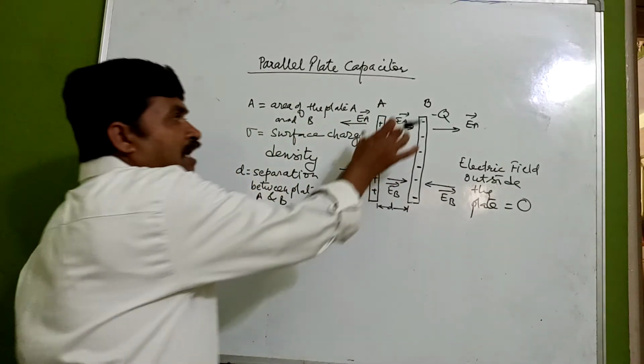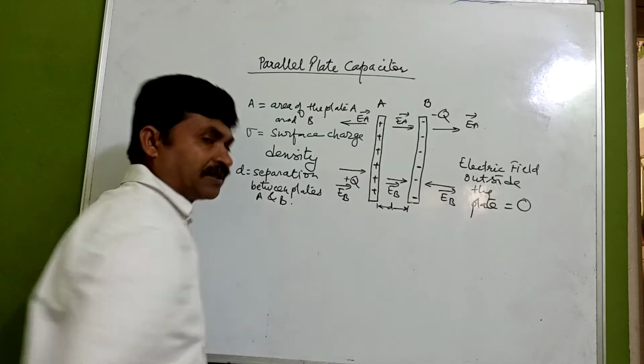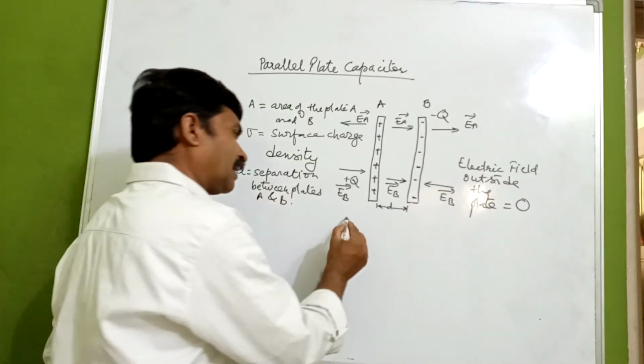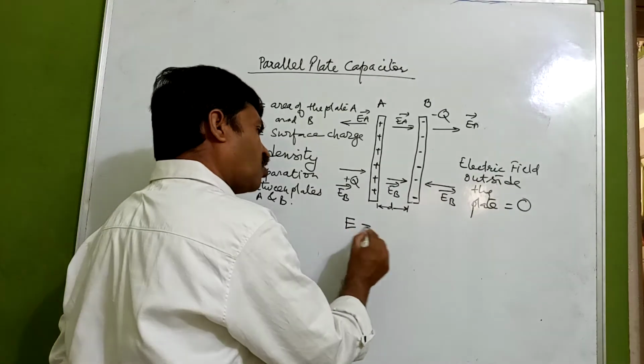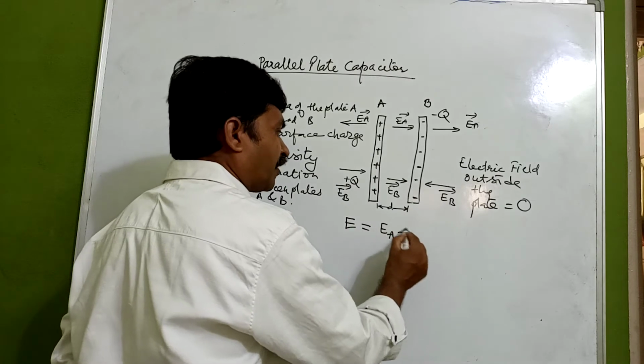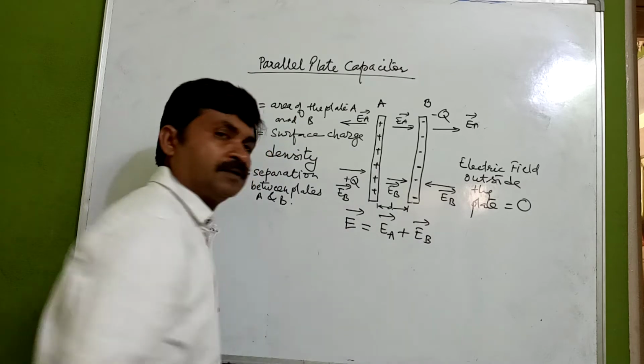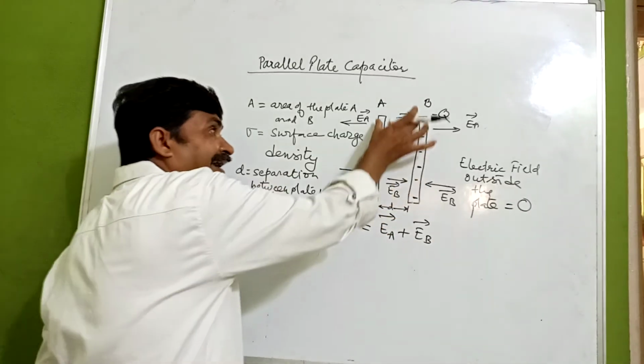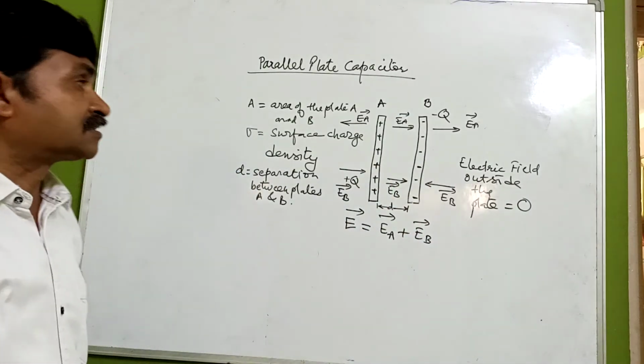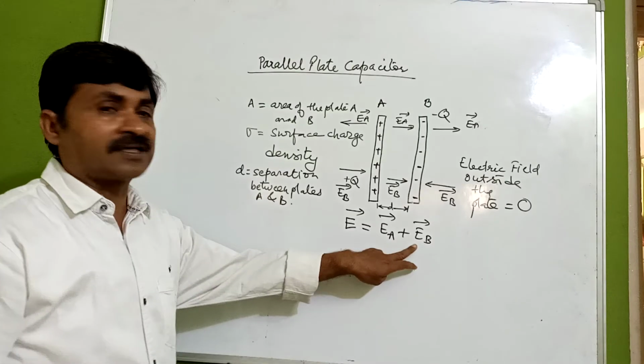Inside, both are in the same direction, so the total electric field we get inside is EA plus EB.